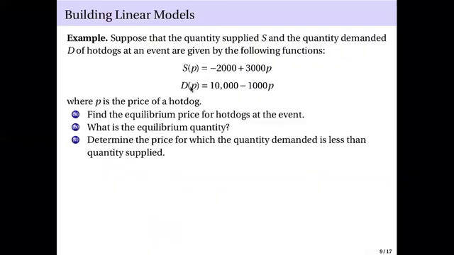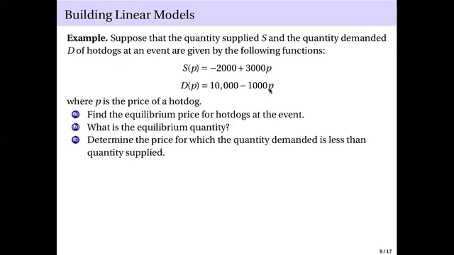On the other hand, look at the demand function. The coefficient of P here is negative. So if the price is higher, there will be higher negative here. Therefore, you will have 10,000 minus higher negative, and the demand becomes smaller.